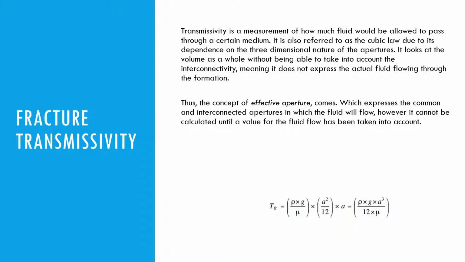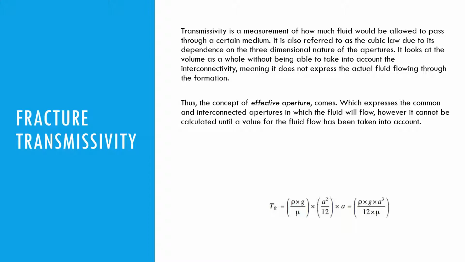So it's not a value that we can approximate or calculate unless we have everything else. If we have that value, we can use it for the rest of a formation, assuming that the same material and the formation is exhibiting the same aspects and properties throughout a large area.